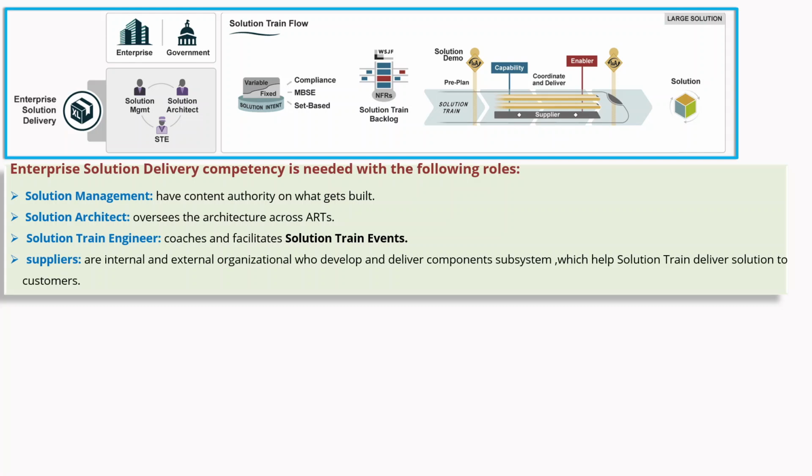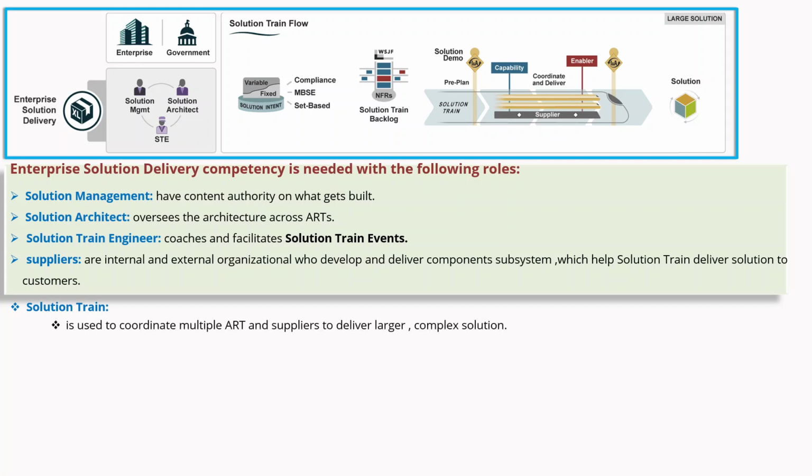Also here, the suppliers appear, which are internal and external organizations who develop and deliver components and subsystems, which help the solution train deliver solutions to customers. So, what is the solution train?